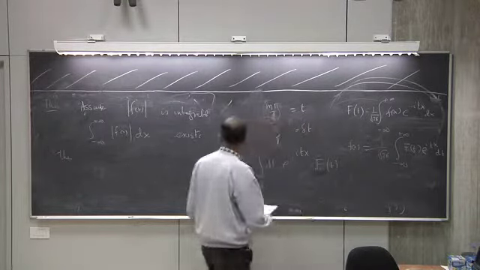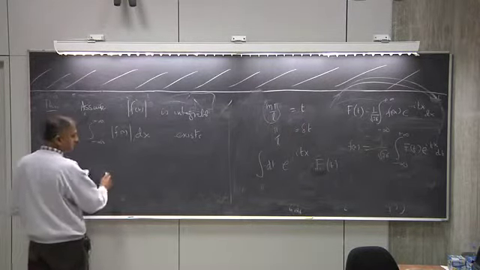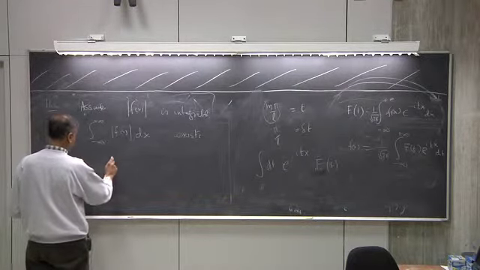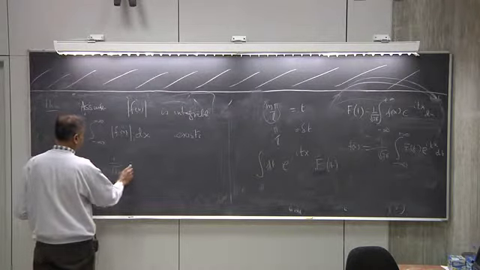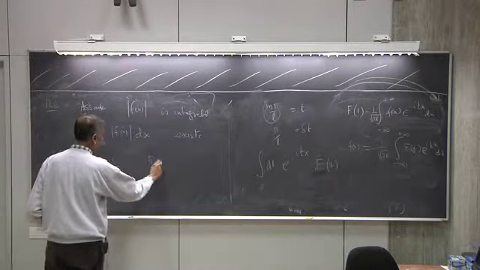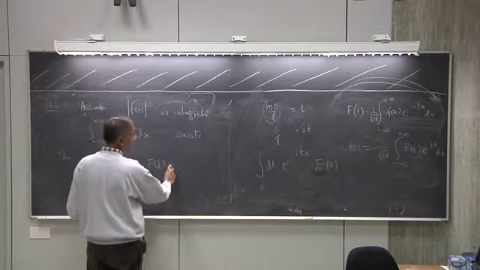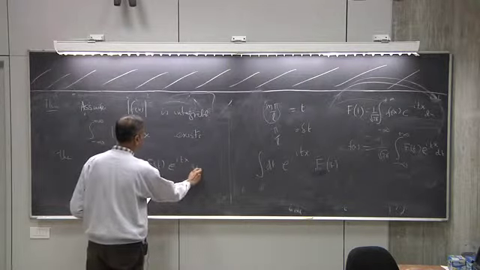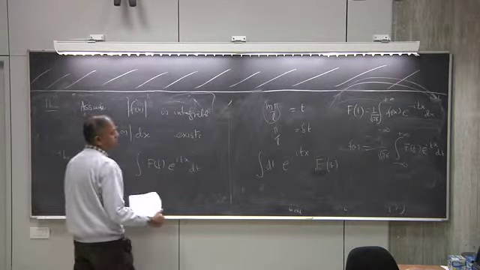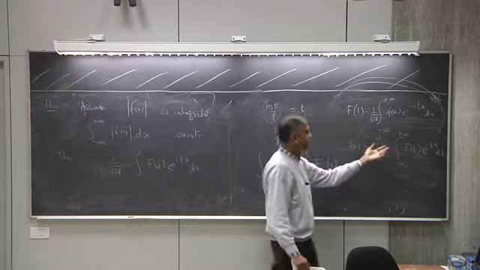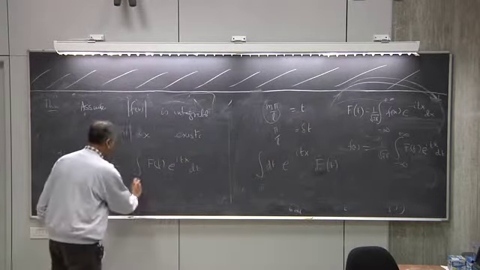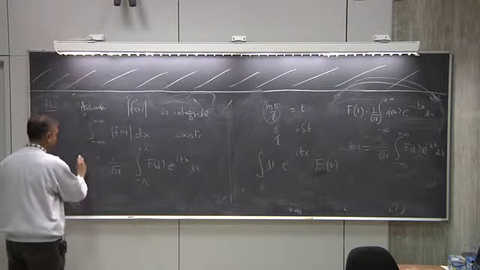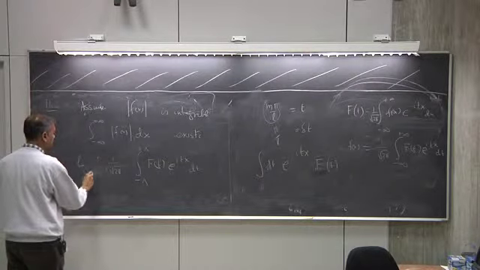The statement is that 1 over root 2 pi, the integral of F(t) times e to the power of itx dt. Of course, we don't know whether this converges, so you have to define this limit somehow: say from minus lambda to plus lambda, and then take the limit as lambda goes to infinity.